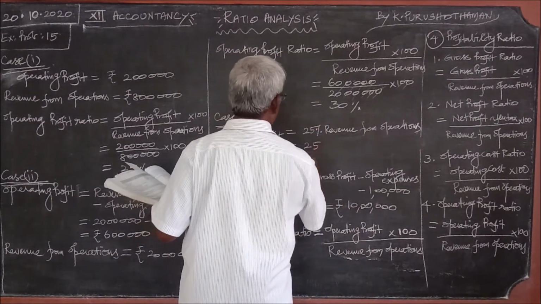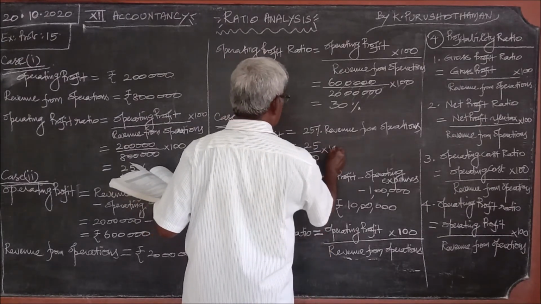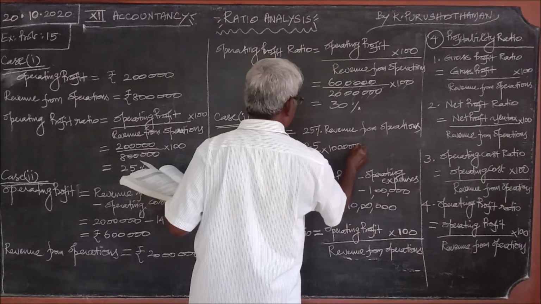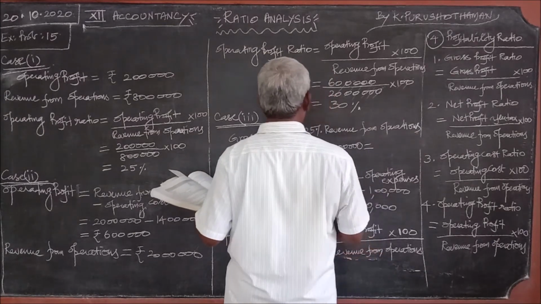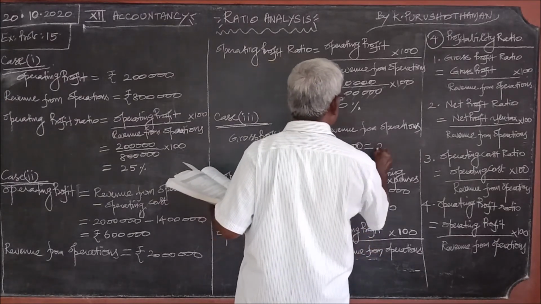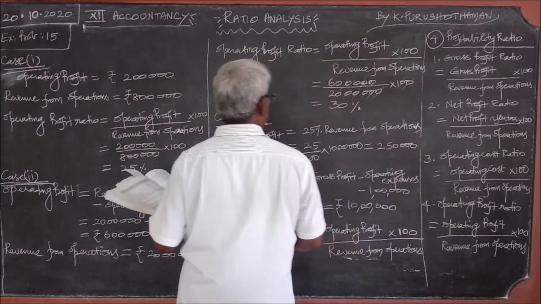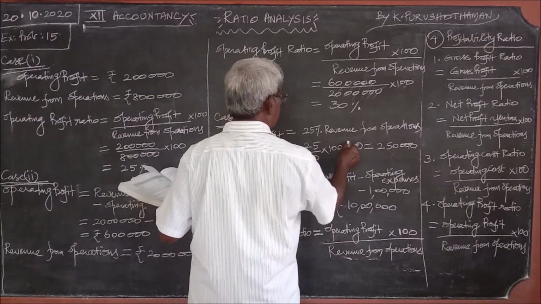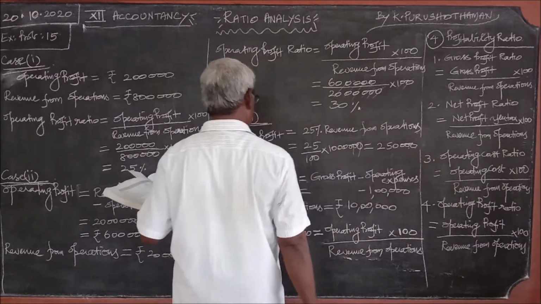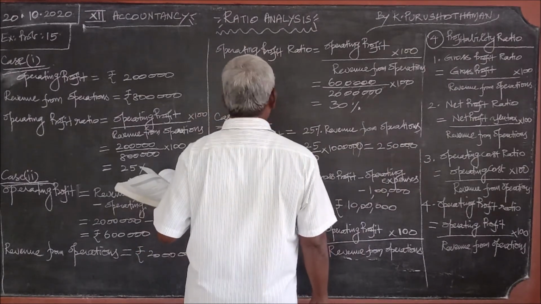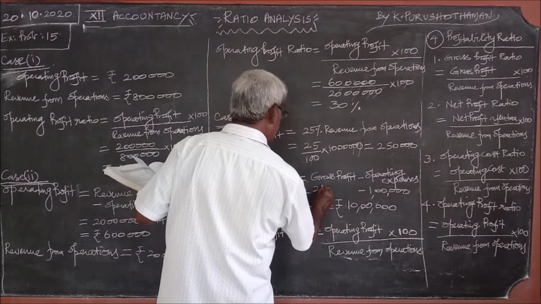So 25 by 100 into revenue from operations, 10 lakhs, which is equal to 2 lakhs 50,000. If you simplify this, 2 zeros, then 25 into 4 zeros, that is 2 lakhs 50,000. Now we have found out the gross profit, 2 lakhs 50,000.